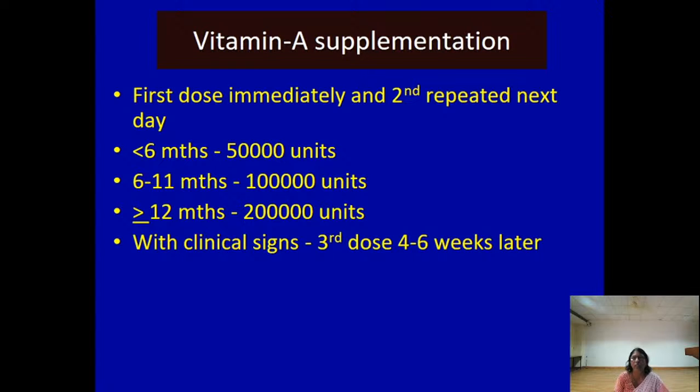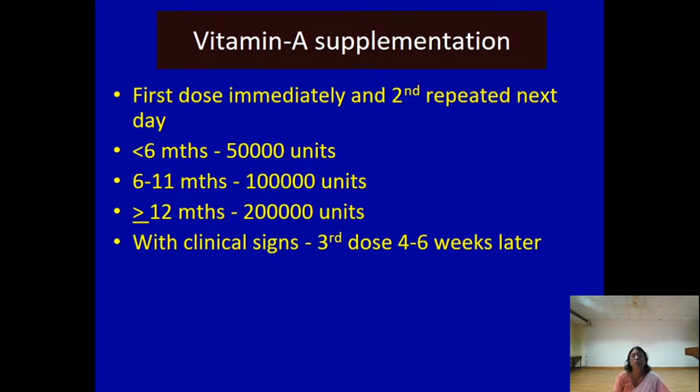Because vitamin A absorption is not there, and the child needs vitamin A to cope better with the disease, and the child will survive, and also there are less chances of complications if a child is given vitamin A if the child is affected with measles.